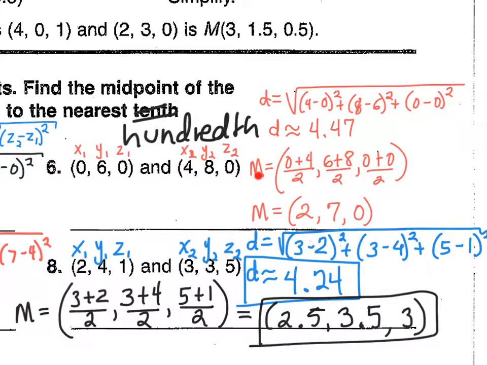And then for the midpoint, it's 0 plus 4 divided by 2, and then 6 plus 8 divided by 2, and then 0 plus 0 divided by 2. So that's supposed to be 2, 7, and 0.